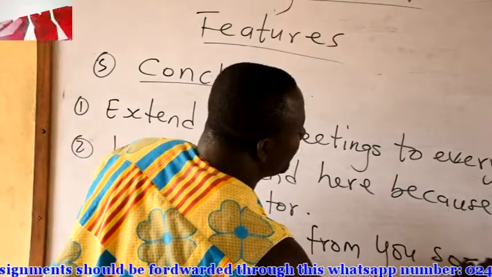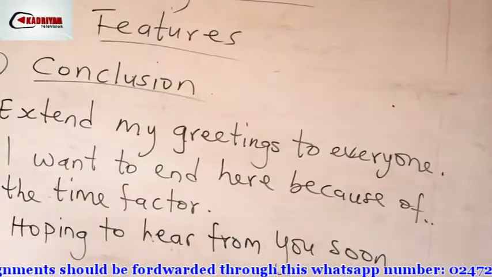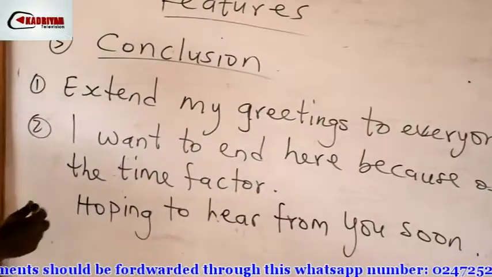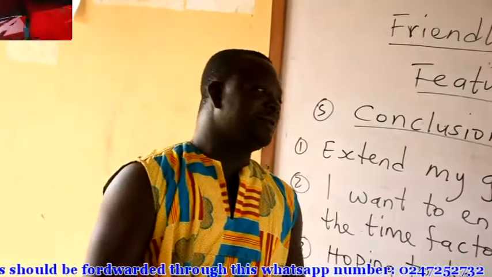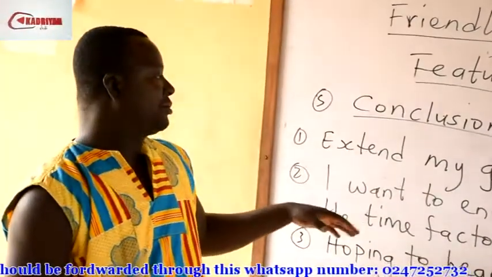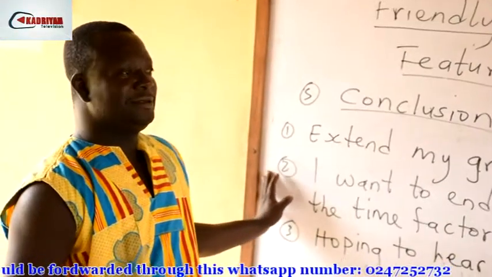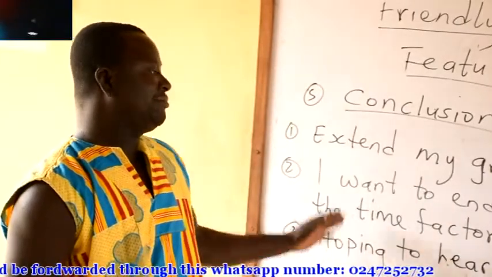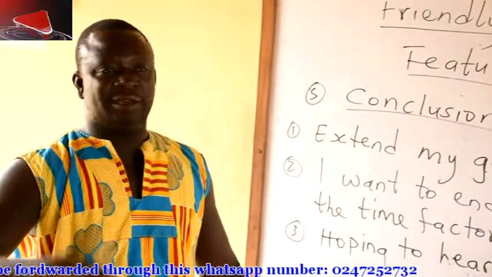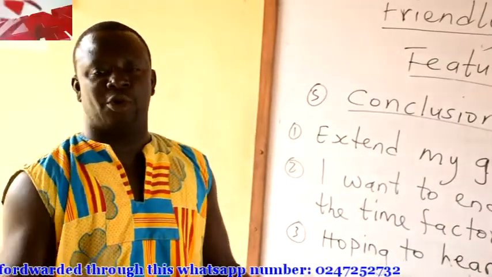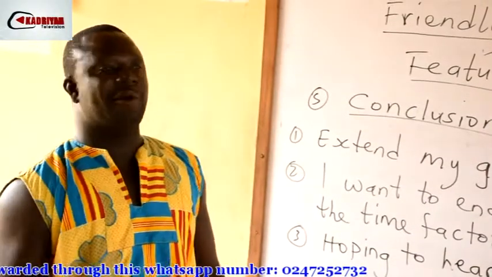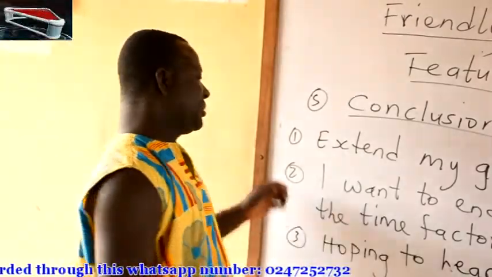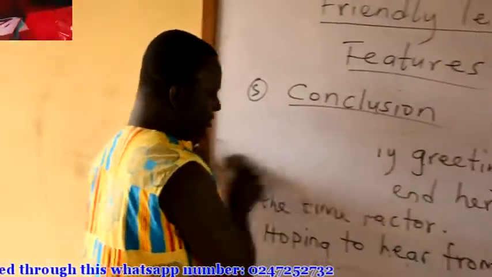You can also say that one. Hoping to hear from you soon. Then it means you are concluding your letter. You can choose any of them, or you can use your own one. I'm not forcing you to use this one. Whichever way you want, you can choose.